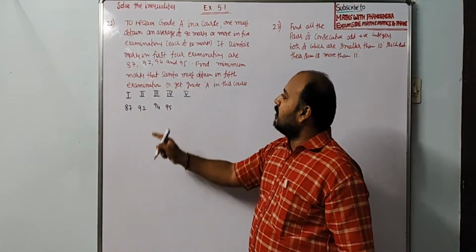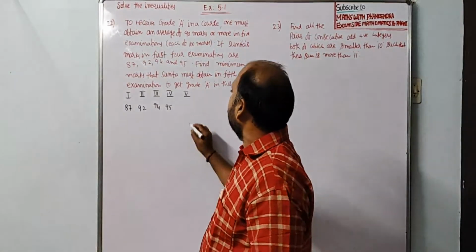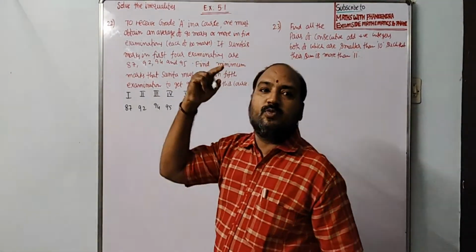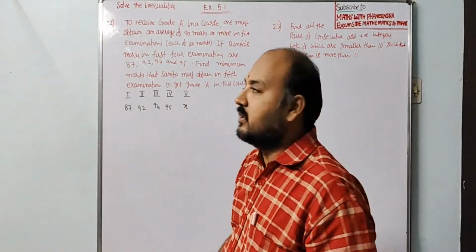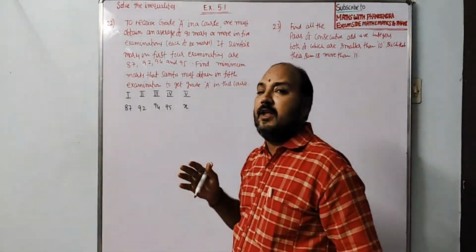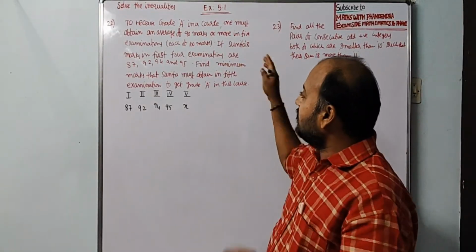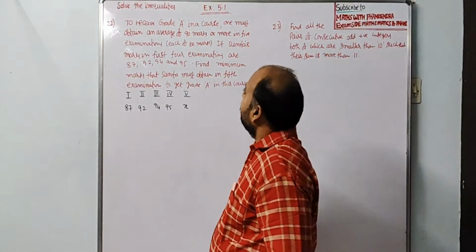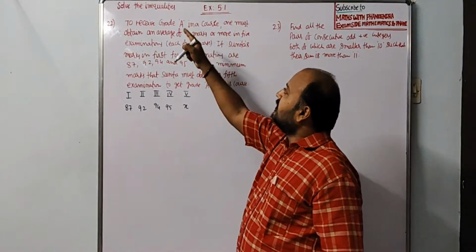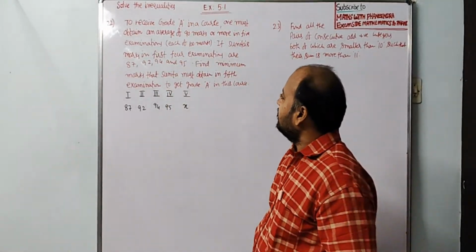In the fifth examination, to get grade A, we are assuming she gets x marks. What is that average? 90 must be the average.